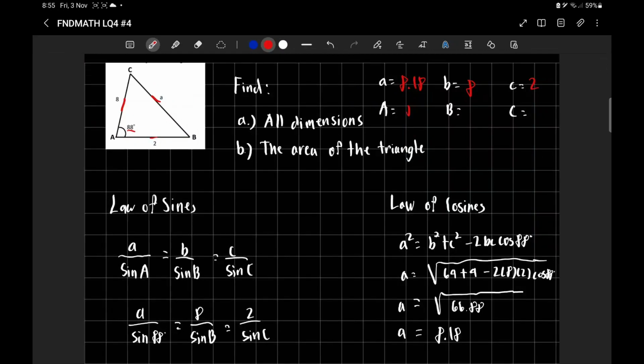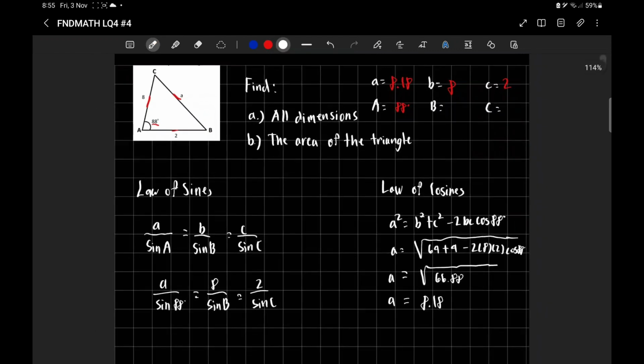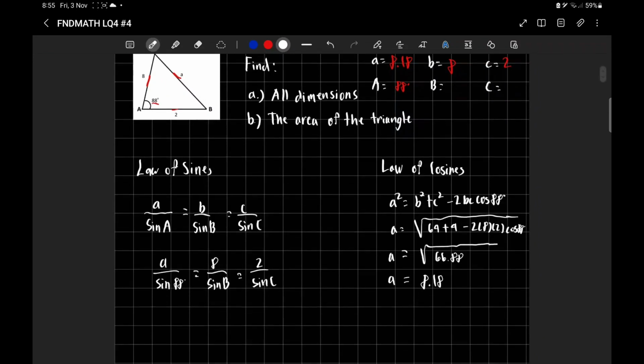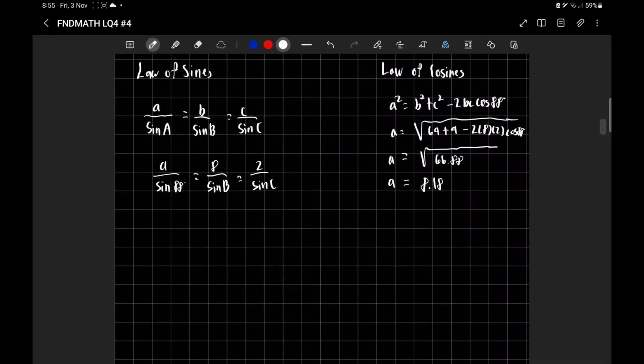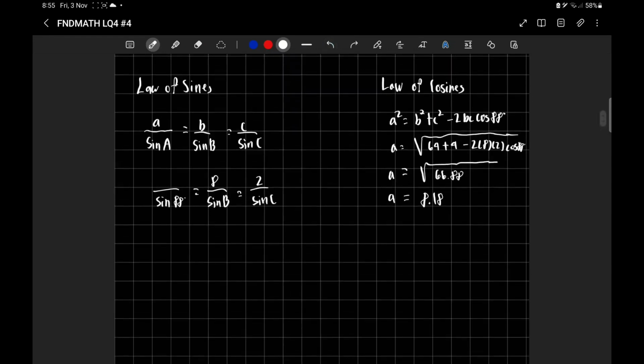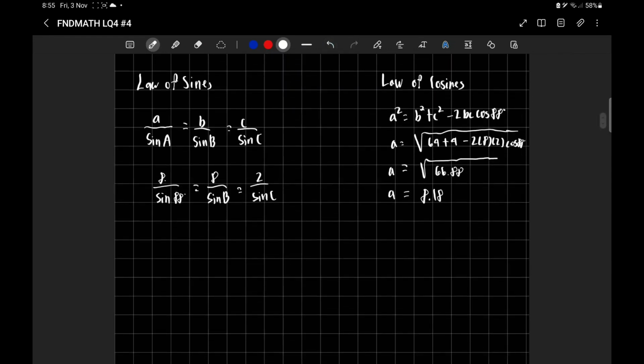So big A, we have 88 degrees, and we still have yet to find the angle of B. So if we get the angle of B, it's just easy to get C, and I will show you why later on. So now that we have our value of a, we can finally solve for the value of B, right? So 8.18 is equal to 8 over sine B. So let's just try to solve this equation, right?